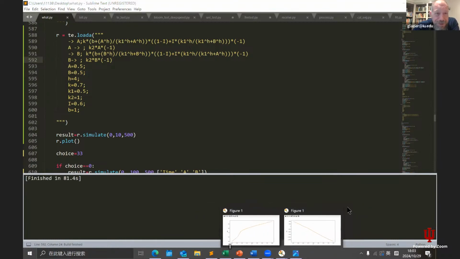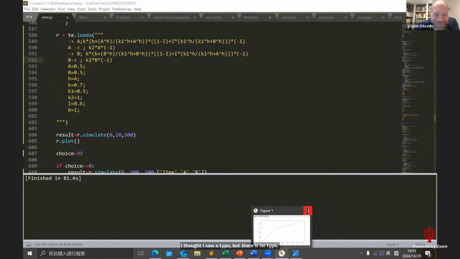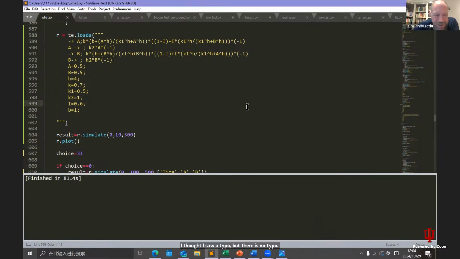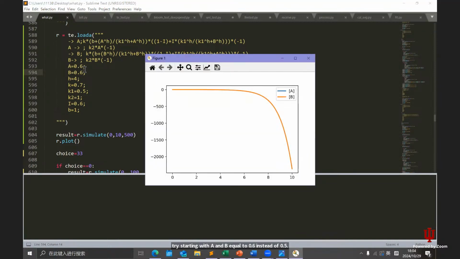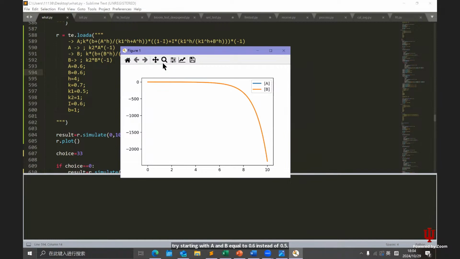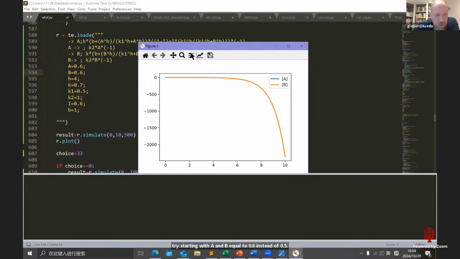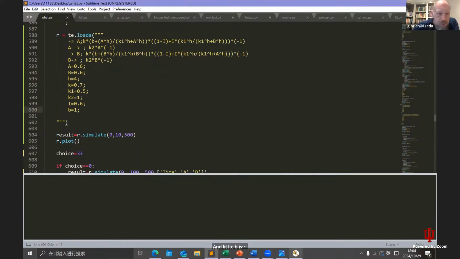You were right. Huh. Let's try starting with A and B equal to 0.6 instead of 0.5. Still blowing up. Interesting. And little b is 1. Huh.